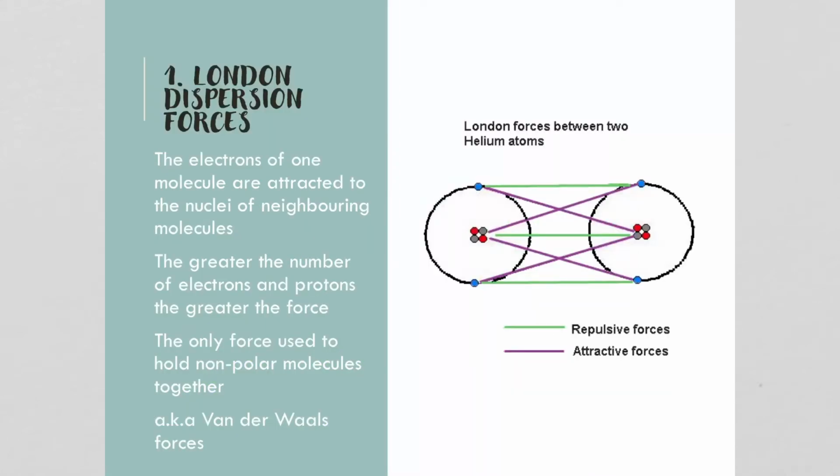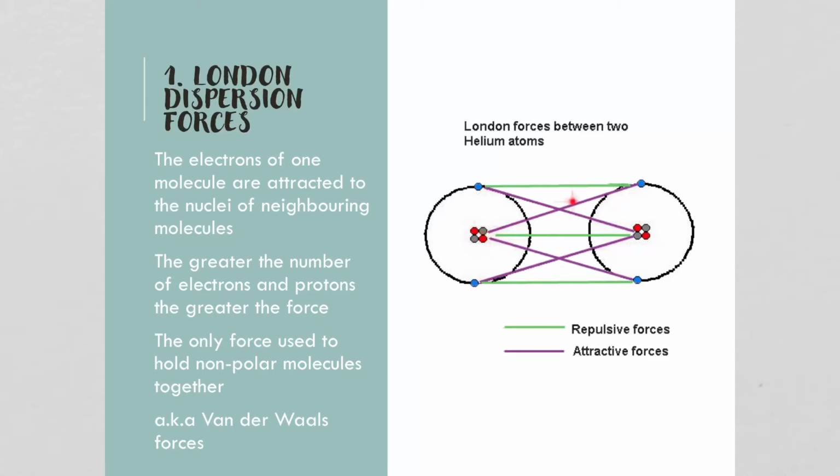The first type of interaction is known as London dispersion forces. This is when the electrons from one molecule get attracted to the positive nucleus of the neighboring molecule. Imagine this was a molecule, these are actually helium atoms, but this electron is being attracted to the nucleus, this one's being attracted to this nucleus, and so on.